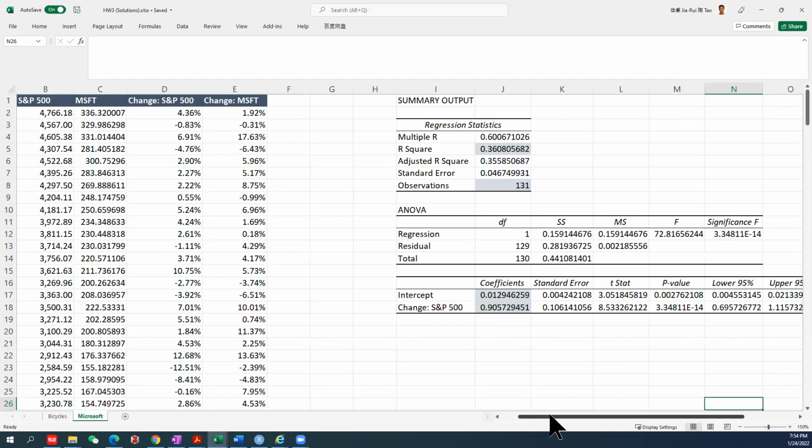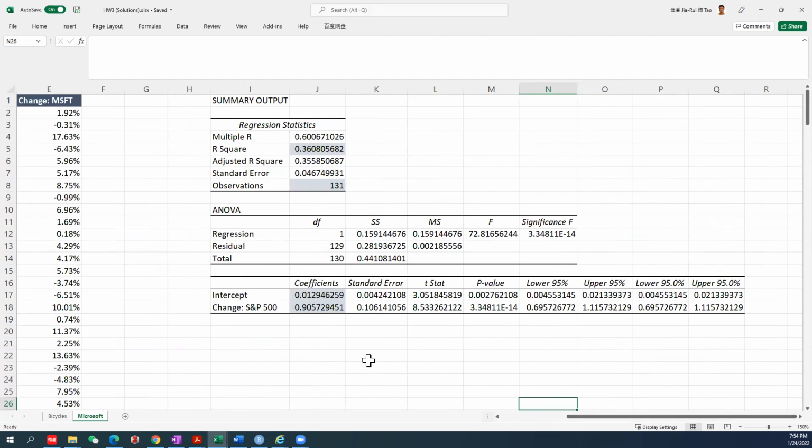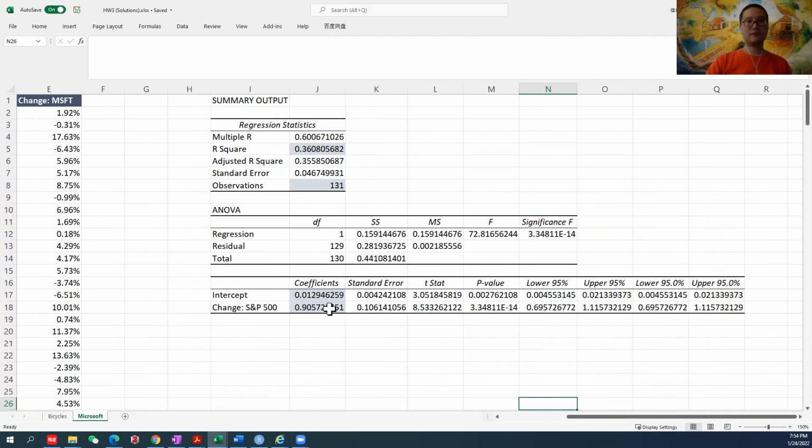In the stock price example, we estimated the coefficient of the linear regression to be about 0.9, whereas the R squared is about 0.36.